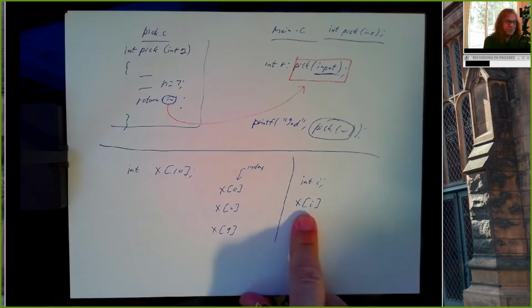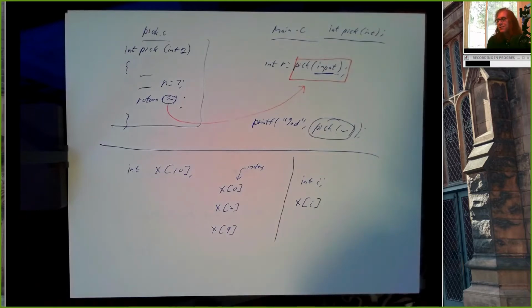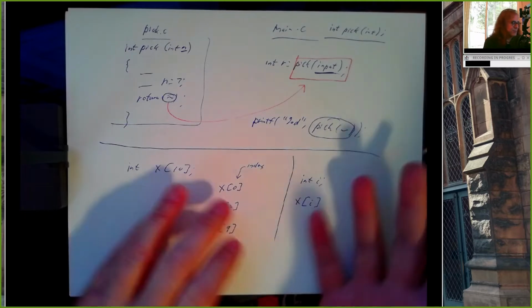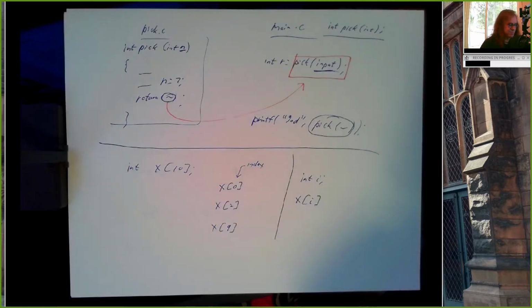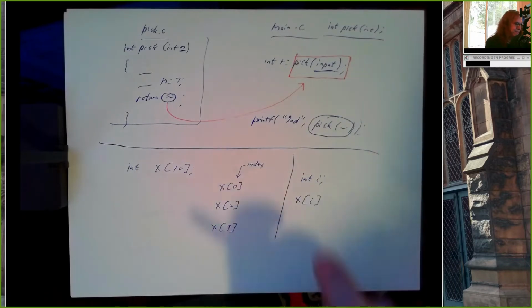If the value of i was 500, x bracket i would refer to x bracket 500, which is not part of this array. It's probably going to hit an area of memory we don't have access to, and we'll get a seg fault. This is where we get most of our seg faults, directly or indirectly, from using arrays and messing up the index value.